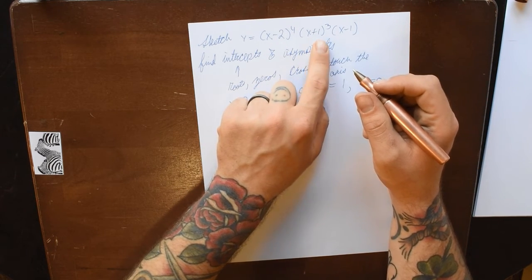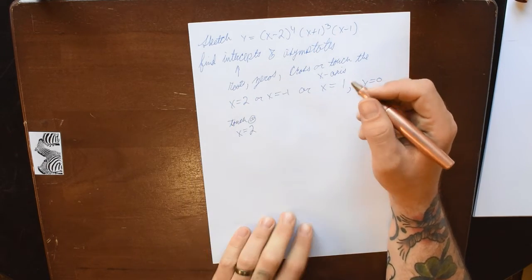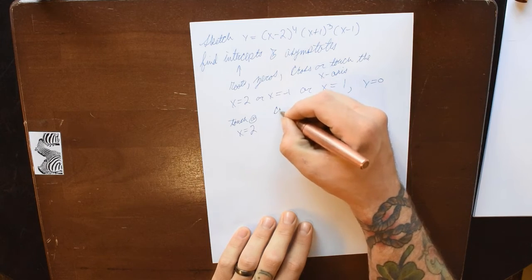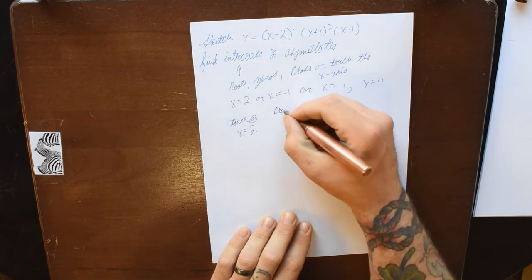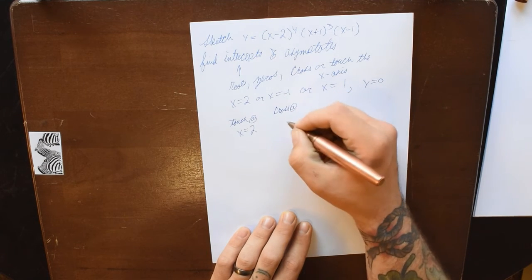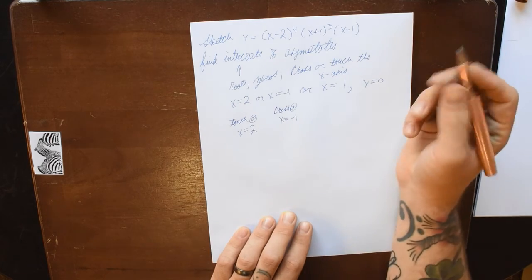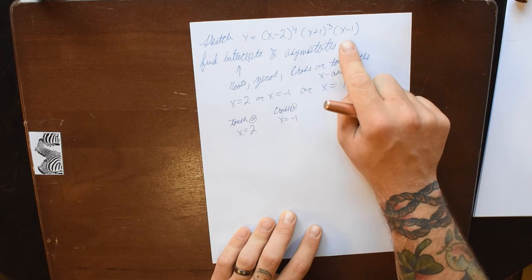X plus 1 is a factor of degree 3. Since it's of odd degree, we know the graph of this polynomial is going to cross the x-axis. It's going to cross at x is equal to negative 1. And finally, once again, x minus 1 is a factor of odd degree.